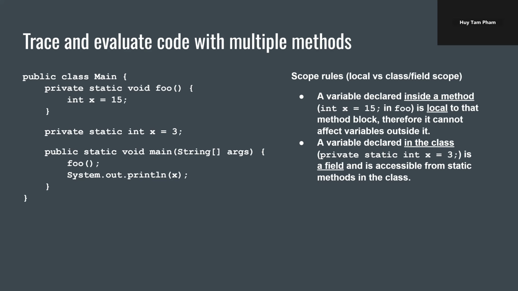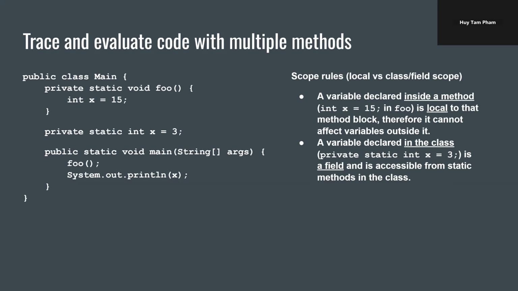And a variable declared in a class, which is the whole thing that you see here, public class Main, the really large block over there, is considered a field, and it is accessible from the other static methods in the class.